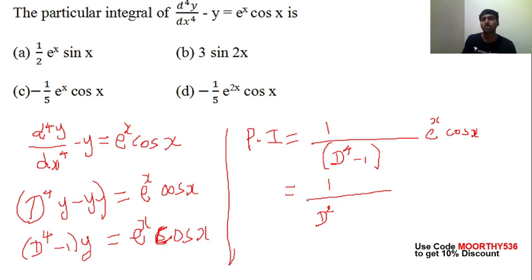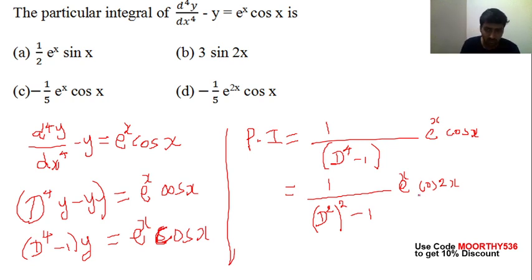So D square, this formula, D to the power 4 minus 1. Coming to this formula, (D square) the whole square minus 1, into e power x into cos 2x.